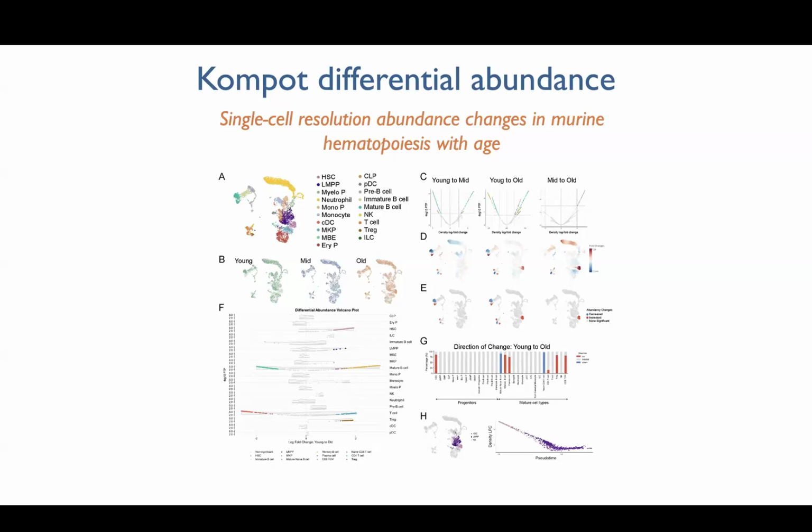And that leads to reduced numbers of immune cells as you age, right? In fact, after some age, there are very few B cells left in the bone marrow. Perhaps this is a lot of things that existing tools could do.